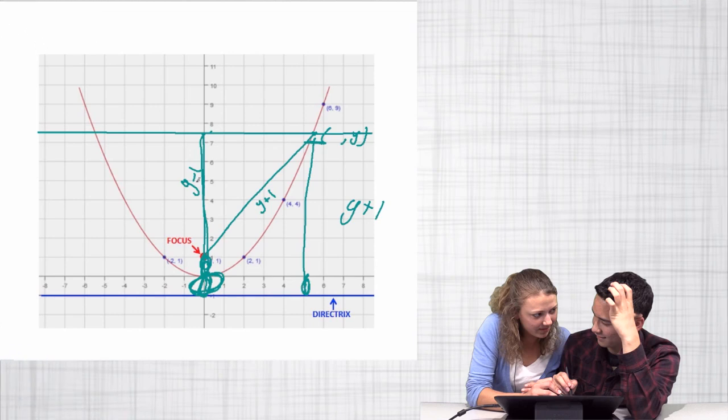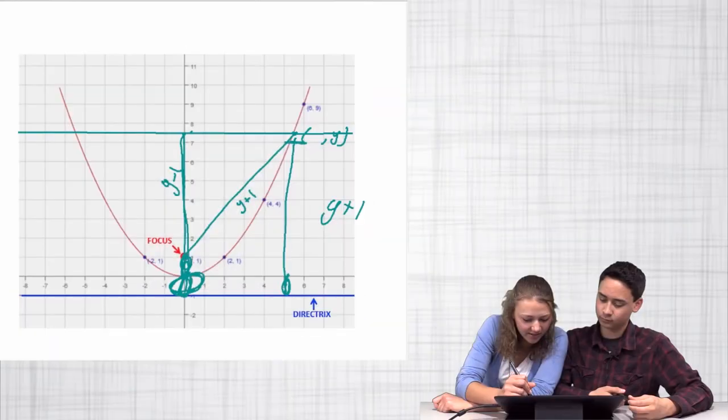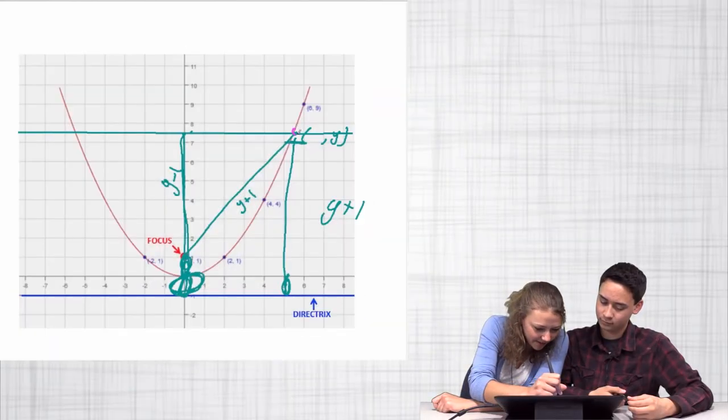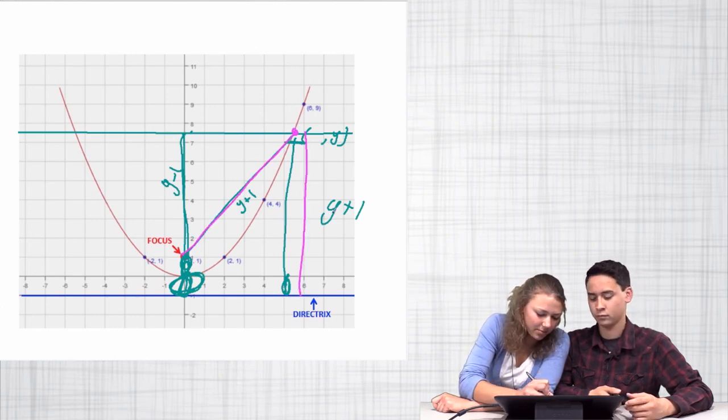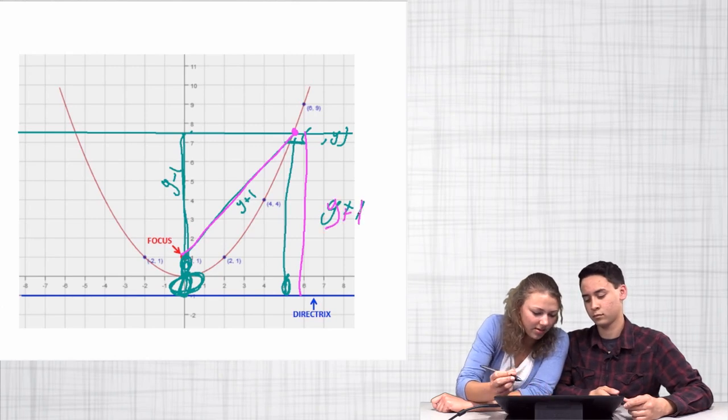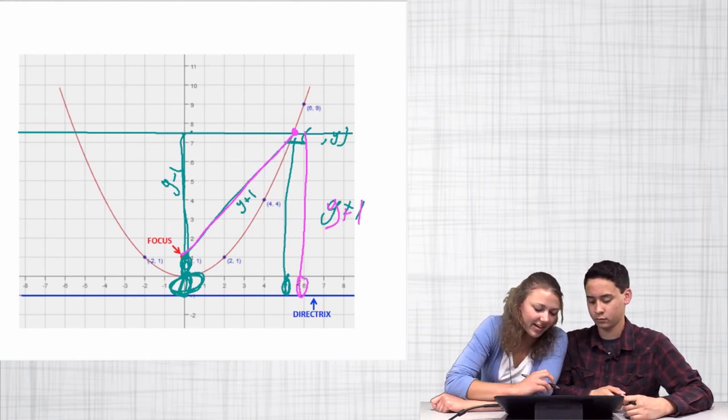Keoni is confused about the meaning of y minus 1, which can be harder to see than the distance y plus 1. Sasha re-explains the meaning of both. Our point right here, y, our distance from the directrix and to the focus is going to be y plus 1. And why is that? Because it is 1 under the x-axis.